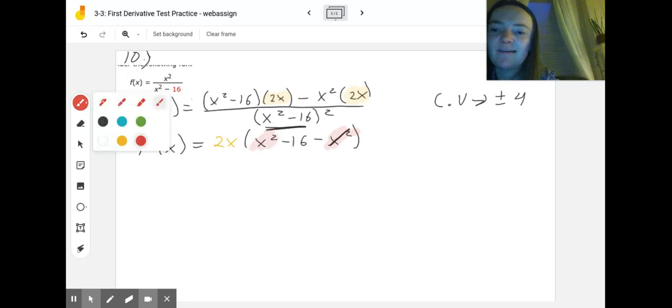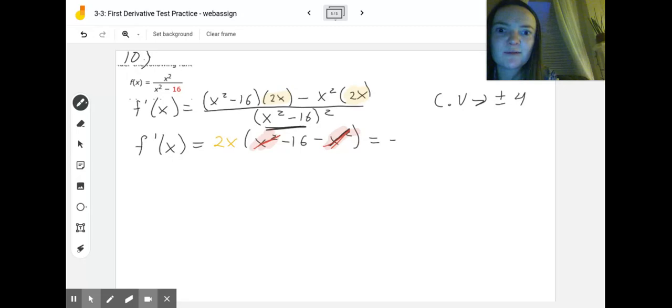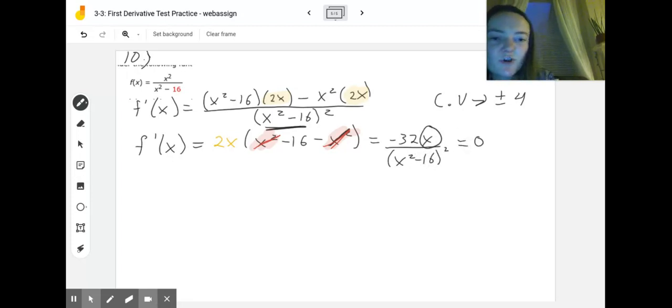So that's going to cancel there. And so my numerator is really just going to be negative 32x, all over x squared minus 16 quantity squared. So the only time that this thing could equal 0 is if x is equal to 0. So my total critical values happen at negative 4, 0, and 4.